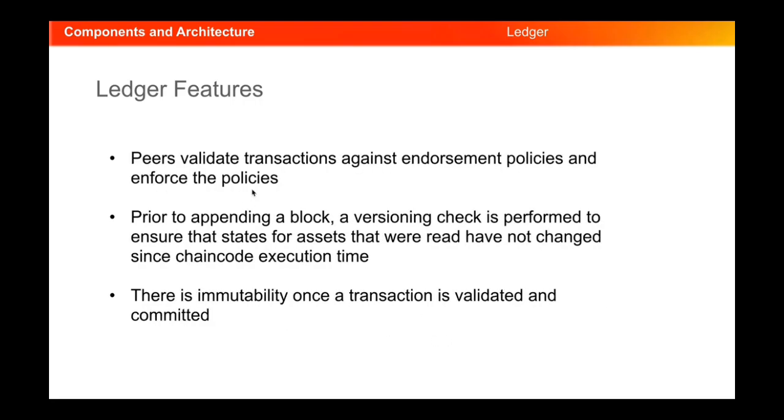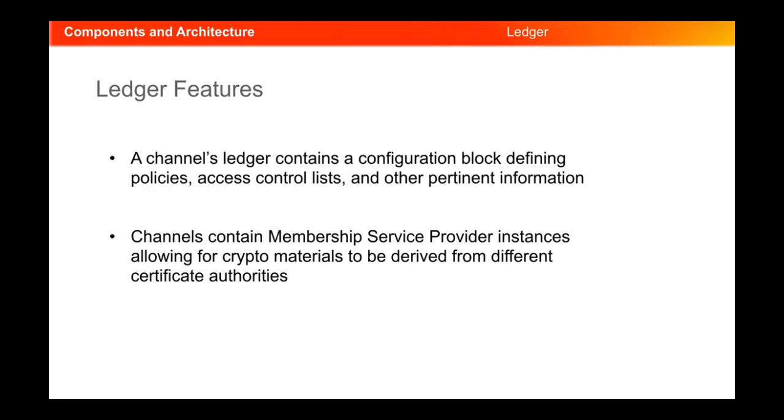Then the peer validates the transaction against endorsement policies and enforces the policies. Prior to appending a block, a versioning check is performed to ensure that states of an asset that were read have not changed since the chaincode execution time. There is immutability once a transaction is validated and committed to the blockchain.